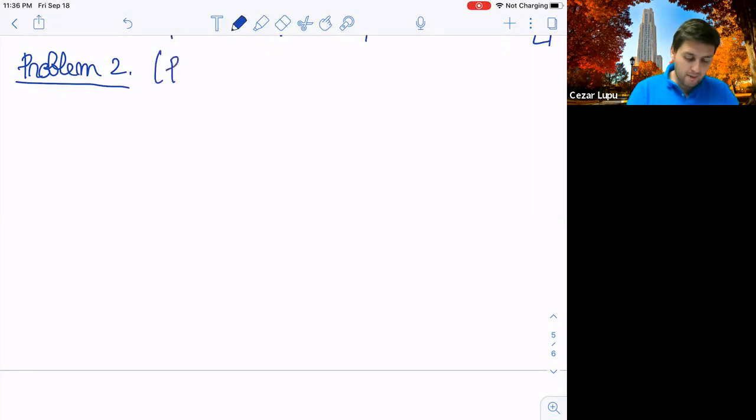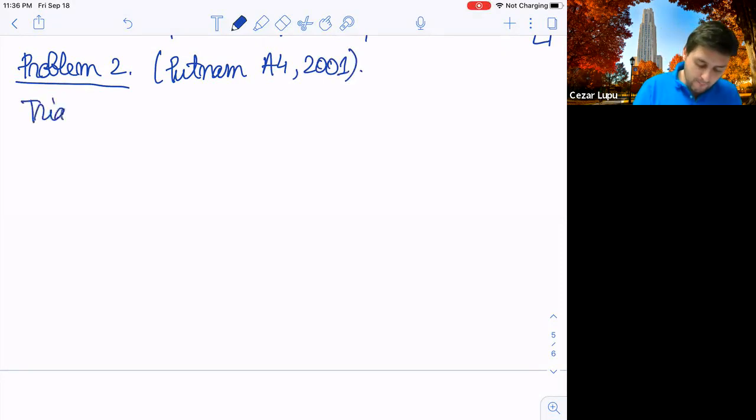This was Putnam A4 in 2001, so not that long ago. And the problem says the following. Triangle ABC has area 1.